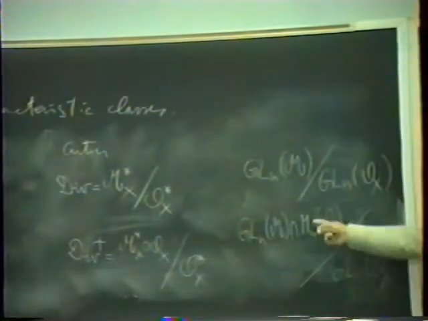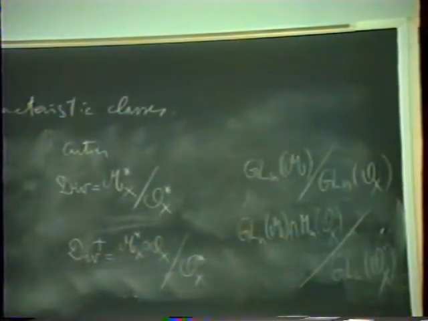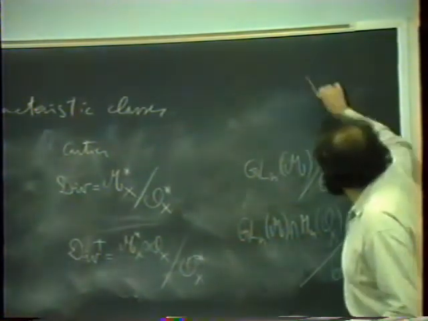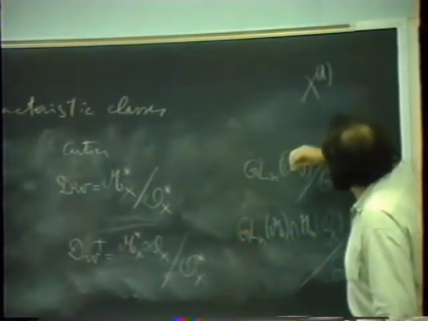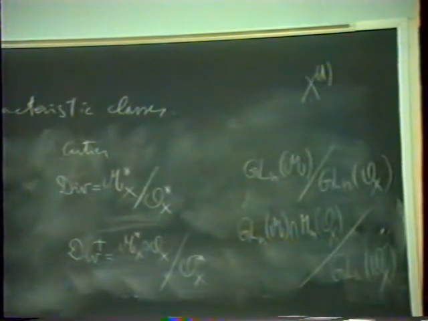And this gives you a notion of effective GLN divisor. And one can show that the quot spaces parameterize these. It's very similar to the way the symmetric product X^(D) parameterizes the effective divisors of degree D.